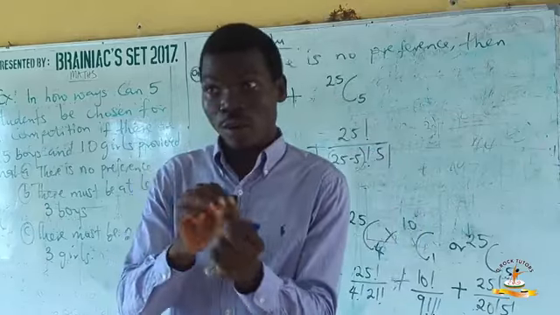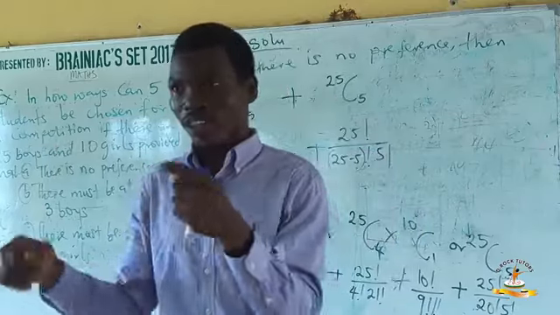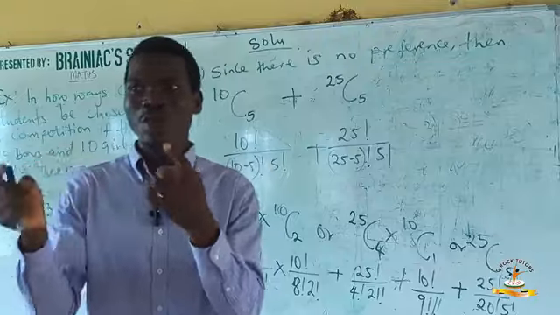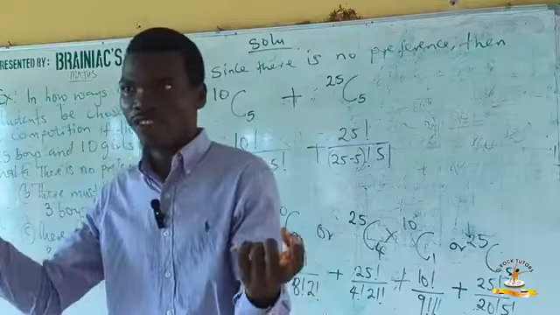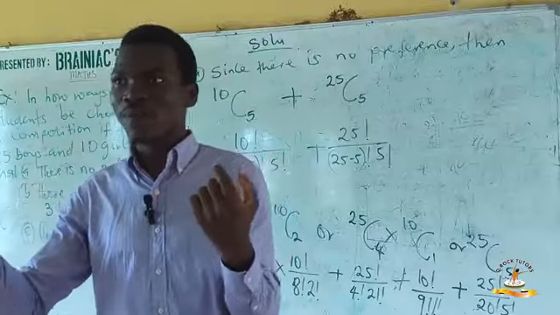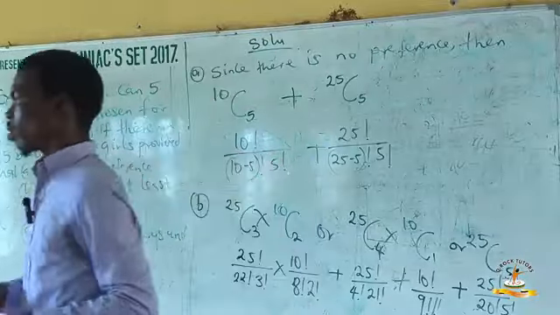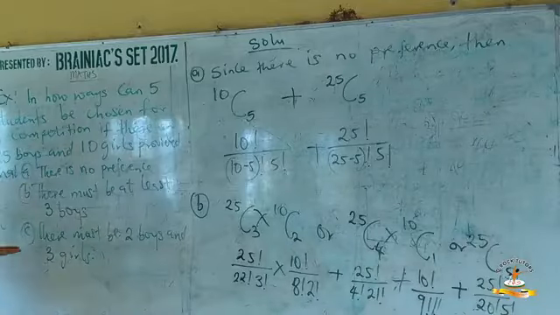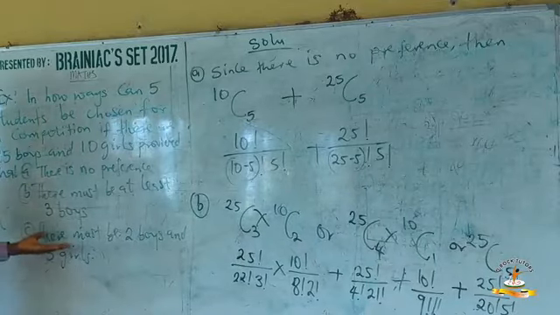Then you choose the second one, you combine it together. So the word combination is coming from the word choosing. You understand? So when it has to be arranged, you know it's permutation. When it has to be choosing, it becomes what? Combination.